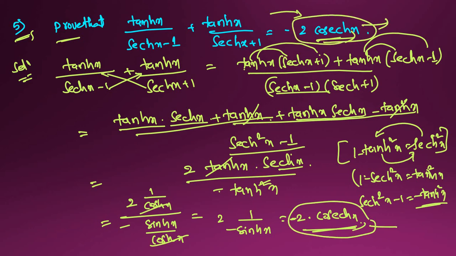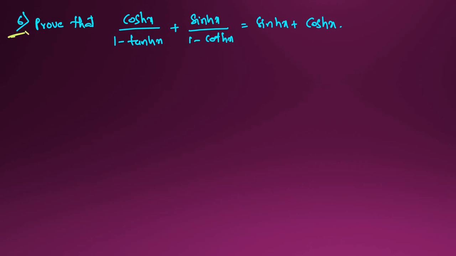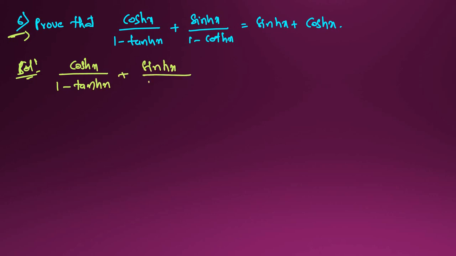Now moving to the sixth one here. Now the sixth question is given: prove that. Now the solution, we have to prove that the left side is equal to the right side. So the given question is cosh x divided by 1 minus tanh x, plus sinh x divided by 1 minus coth x. So we'll do one thing here.